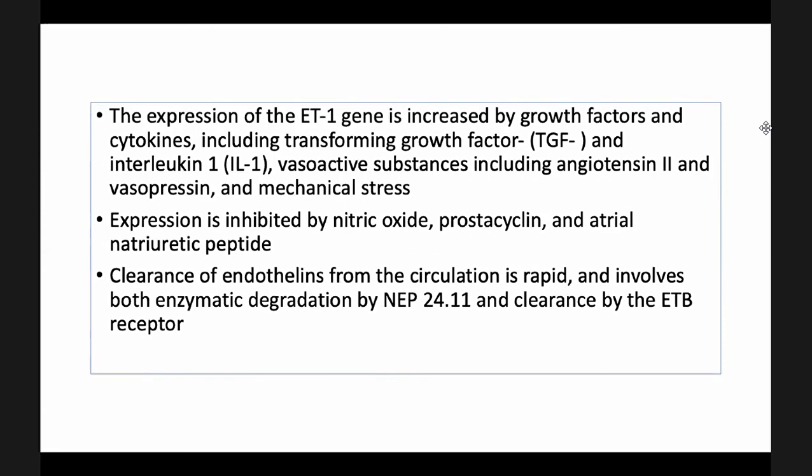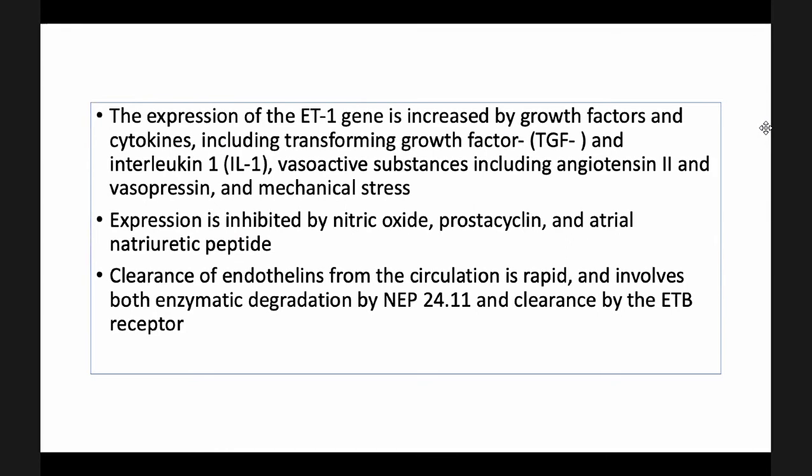The expression of the ET1 gene is increased by growth factors and cytokines, including TGF and interleukin-1, and vasoactive substances, including Angiotensin II, Vasopressin, and by mechanical stress. So the expression is inhibited by nitric oxide, prostacyclin, and atrial natriuretic peptide.